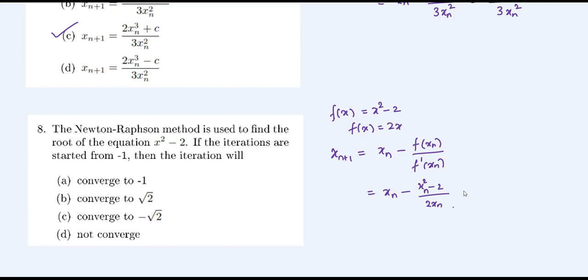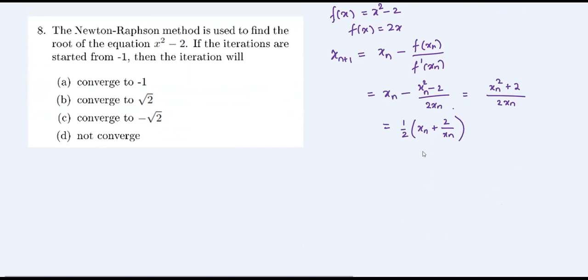If we simplify this further, we get 2xn square minus xn square plus 2, so we get half into xn plus 2 upon xn. This is what we get.